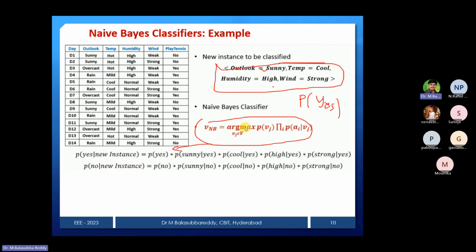For the new data point, what is your prediction? Whether go for tennis or not, yes or no. Now we can see the formula. The formula is P of yes, the probability of going for tennis with the condition. These are the conditions, the new instance condition. Instead of writing all, I mention it as the new instance, which I already defined here.